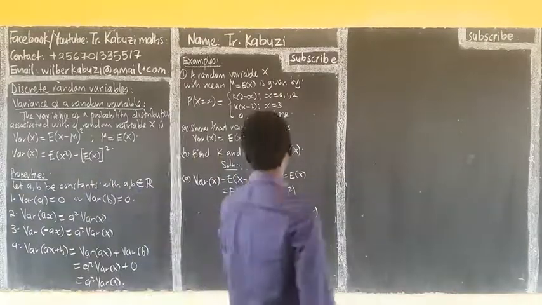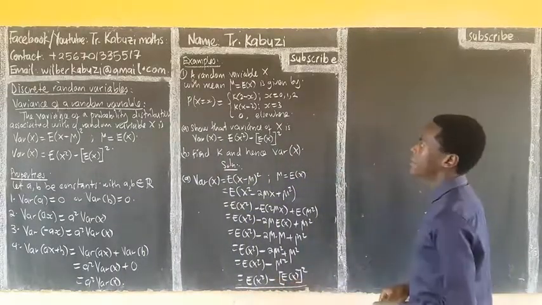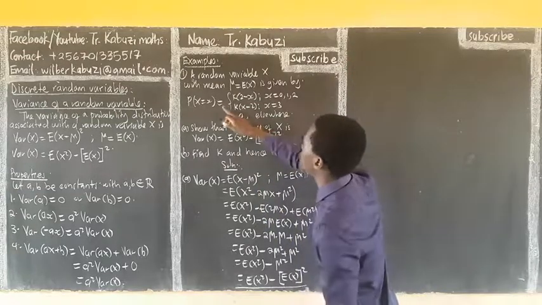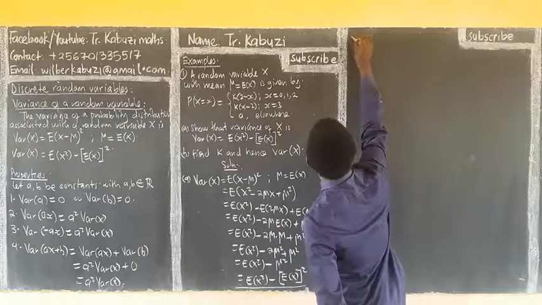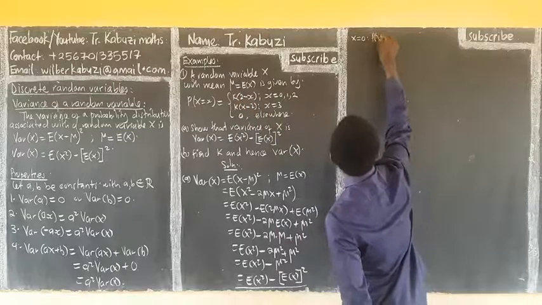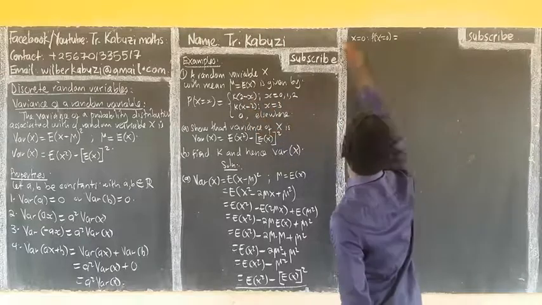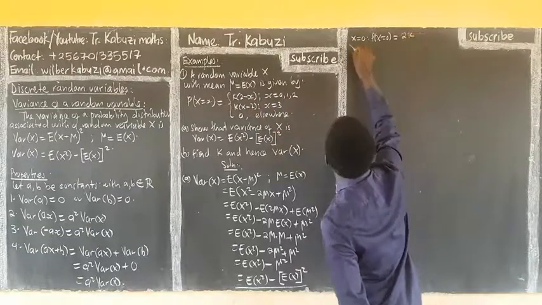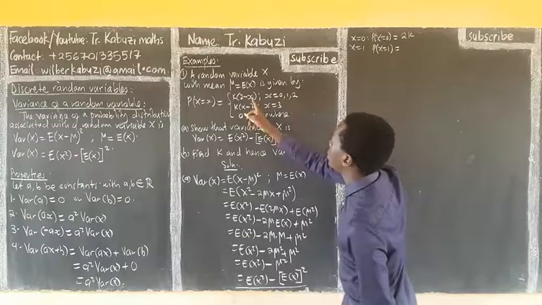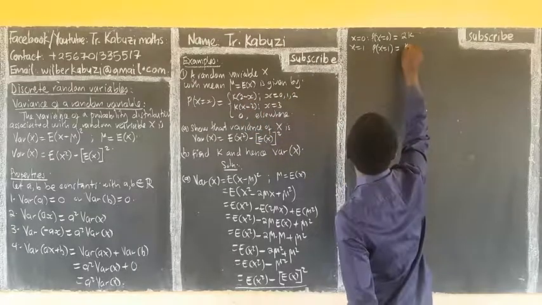Find the value of k, and hence find the variance of x. We have seen the value of x, and then x squared, and then the expectation. So from here, this is the PDF. When x is 0, our p of x equal to 0, when I put here 0, I'll be having 2k. When x is 1, when I put here 1, 2 minus 1 will be 1 times this, which will be k.